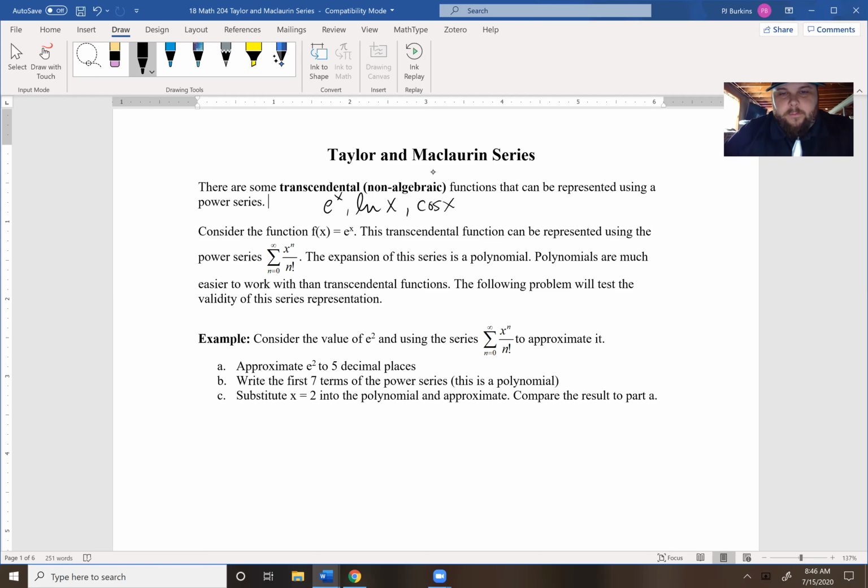So there was a way devised that we could rewrite them or represent them as a power series. So an example here for e to the x, the power series is x to the n over n factorial.